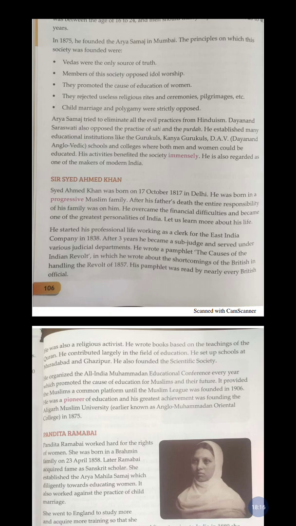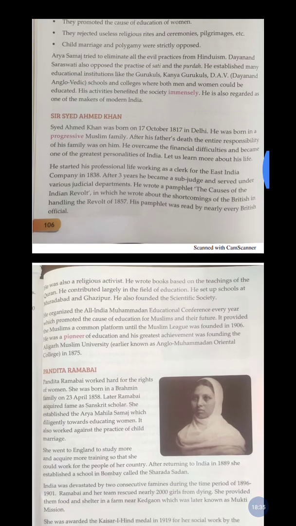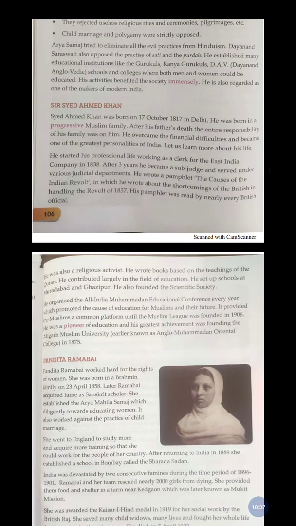And in that, what has he written? He has written about the shortcomings of the British in handling the revolt of 1857. His pamphlet was read by nearly every British official. He wrote books based on the teachings of the Quran.